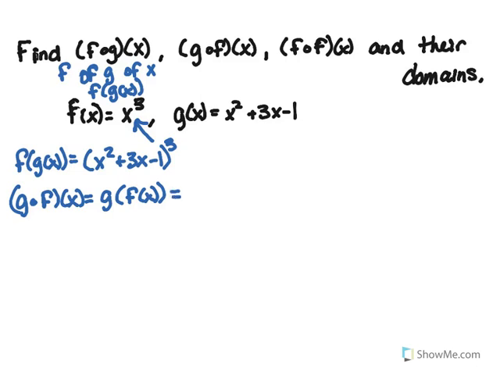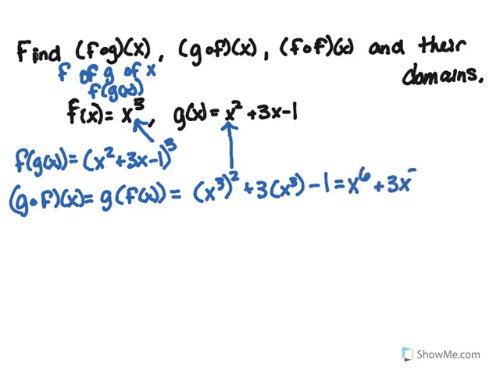So we're going to have x cubed, and then this is squared from this one, and then we have plus 3 times x cubed minus 1. So let's simplify a little bit. When we have our exponents on the outside of the parentheses, we're going to multiply them. So we're going to have x to the 6th plus 3x cubed minus 1.